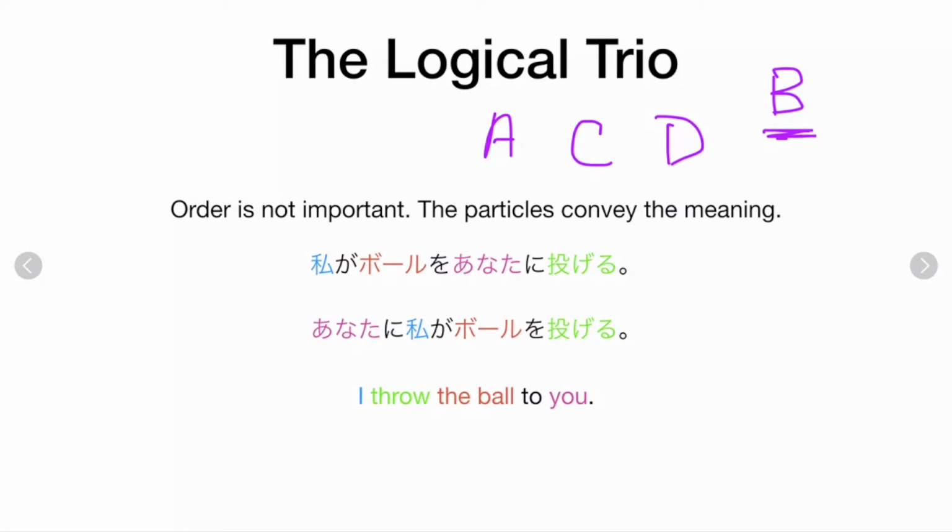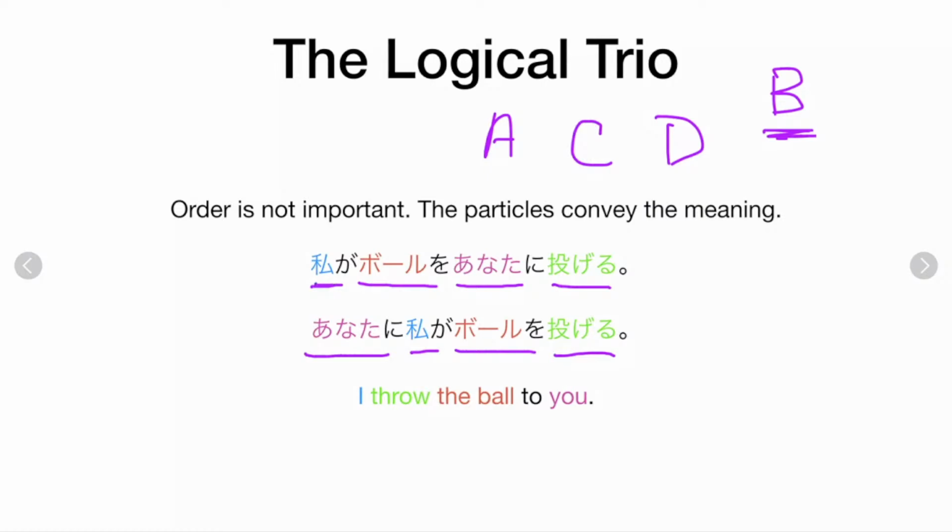So these two sentences mean the same. Whether you say watashi ga boru o anata ni nageru or anata ni watashi ga boru o nageru. And you can even say boru o watashi ga anata ni nageru if you wanted. All of these are interchangeable and they mean the same thing.